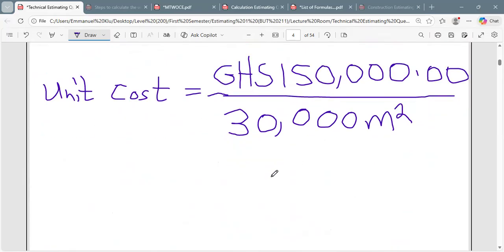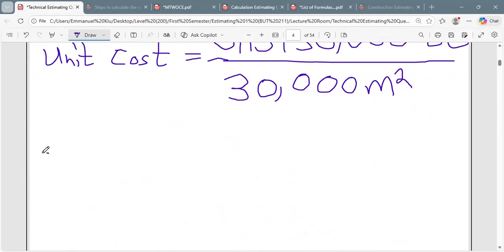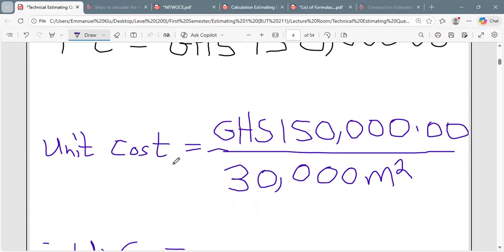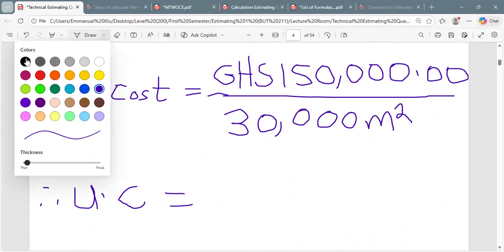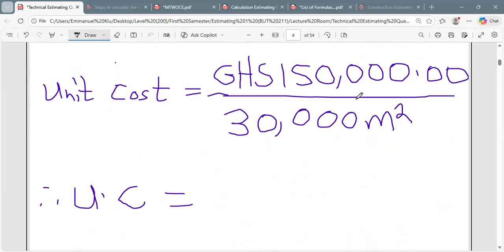So you see how our answer is going to be. Finally, we can say that our unit cost is equal to, let's do some calculations together.